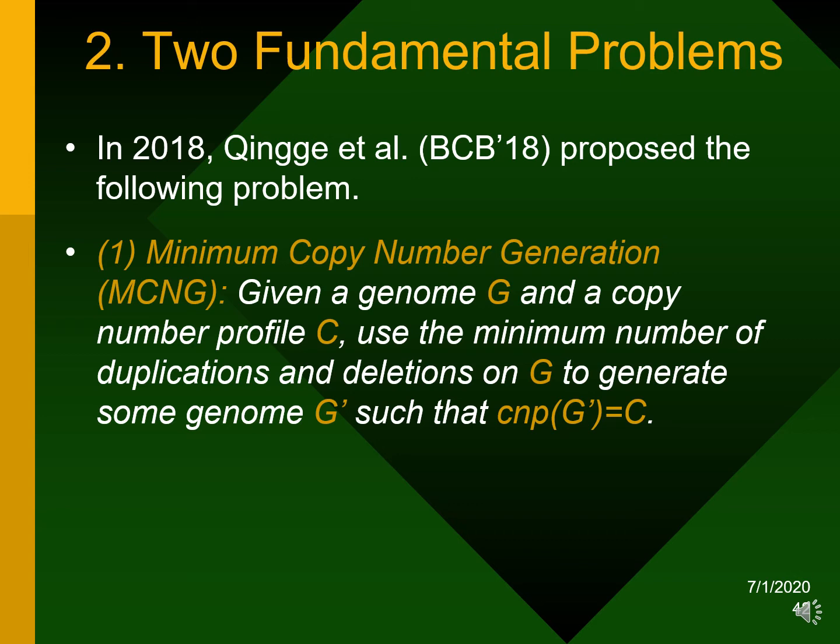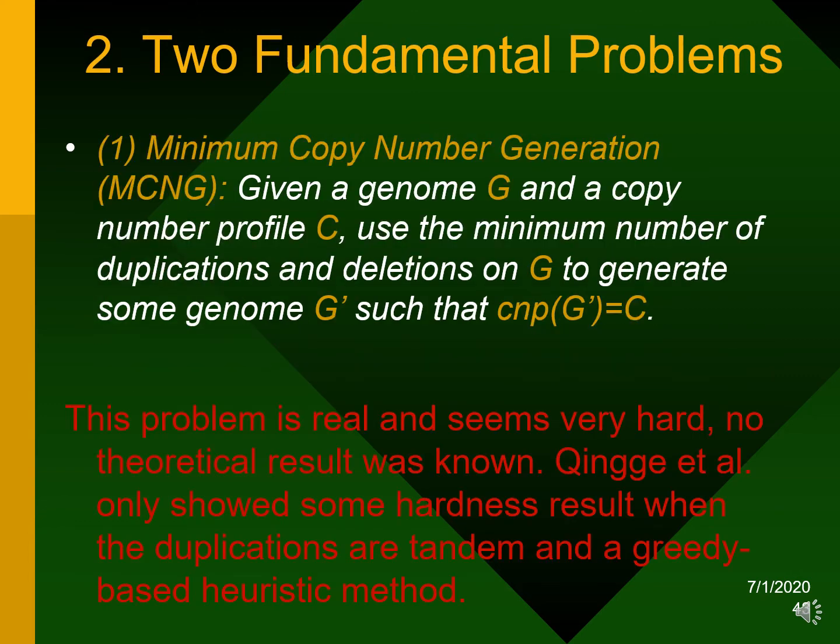In this case, we are not performing anything directly on the copy number profile. In other words, we are not dealing with numbers. Instead, we are still doing those duplications and deletions on a sequence or genome. The problem is realistic and seems to be very hard.